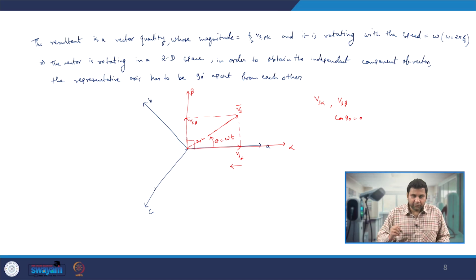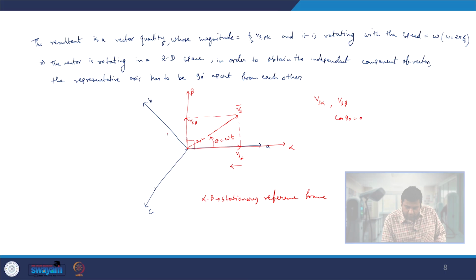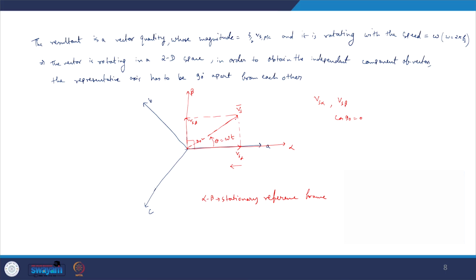Now if we look very carefully, this alpha and beta is sometimes also called the stationary reference frame. Why is it called the stationary reference frame? Because we have kept this alpha and beta stationary, while the space vector Vs is rotating in space, and this space vector combines the information of the A, B, C phases.